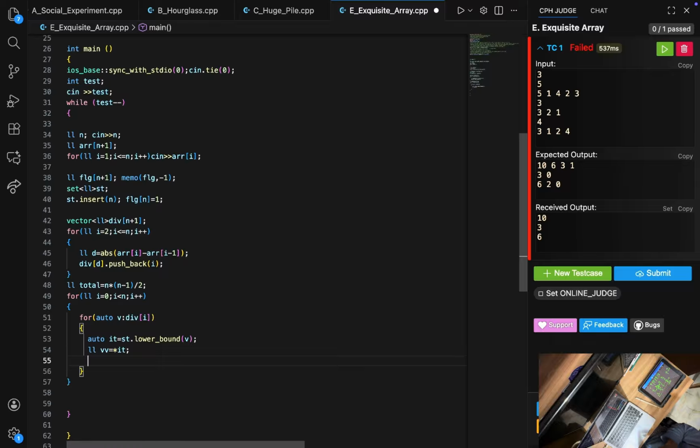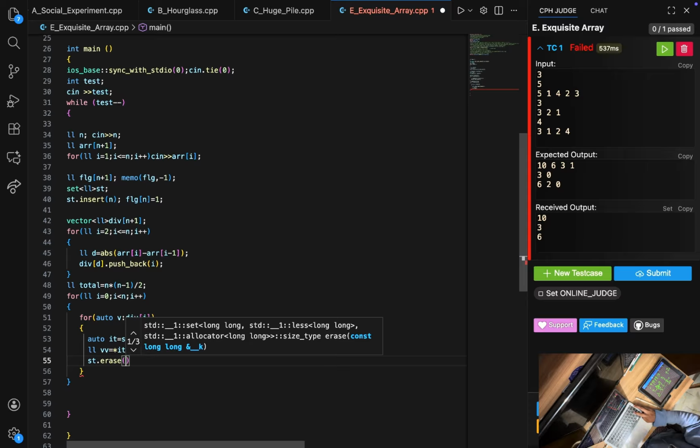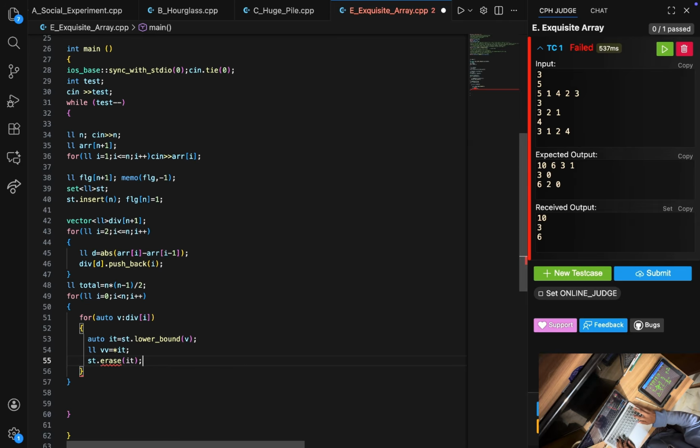Okay, so I have to divide the range. So st.erase it, then st.insert the current flag. Okay, I have to update some values before it.